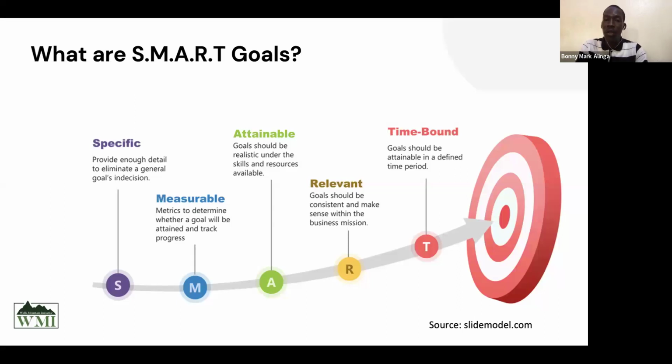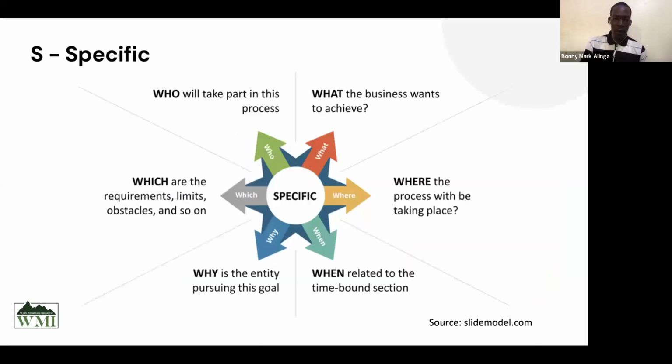Then the goal should be consistent and make sense within the team, the business, and the organization itself. So it must be relevant and realistic in that sense. And it must have a time bound, that within this period, I should have attained this, and now you have to define that time period within your SMART goals.